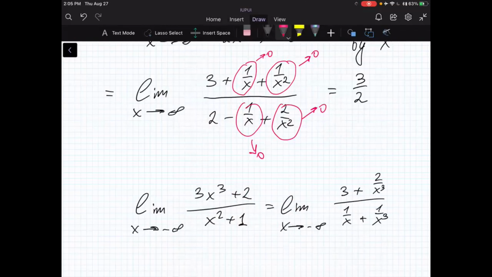So this goes to 0, and this goes to 0, and also this goes to 0.